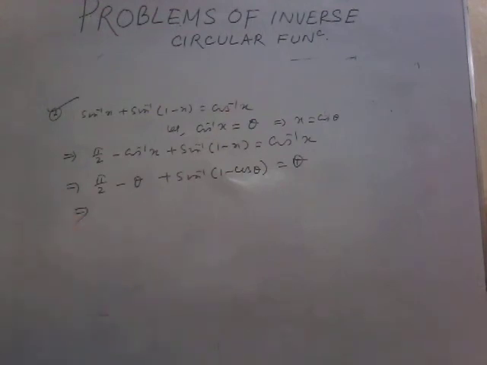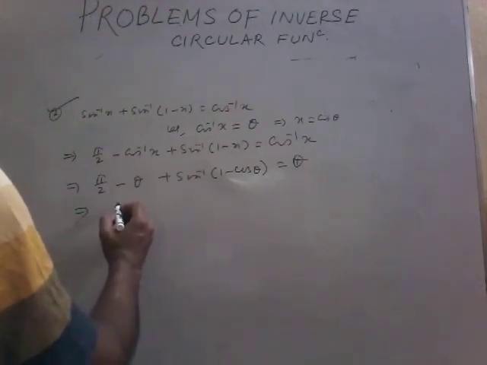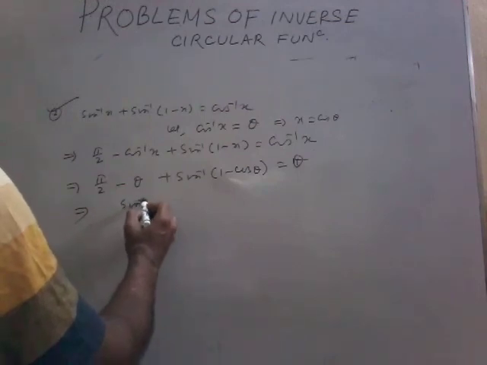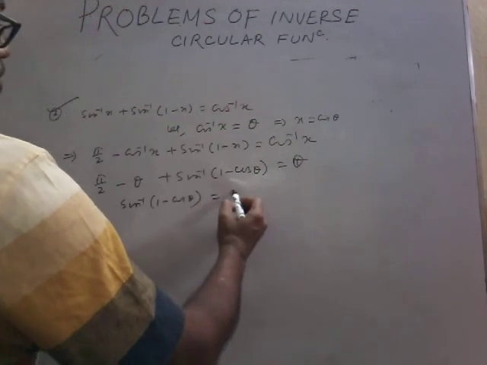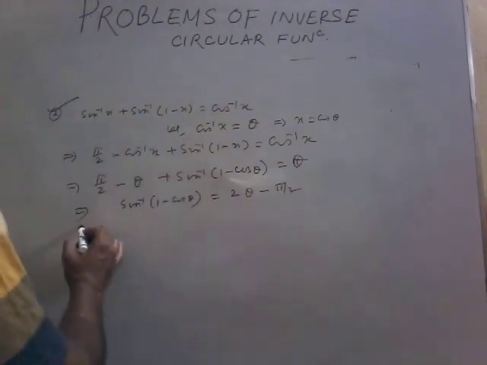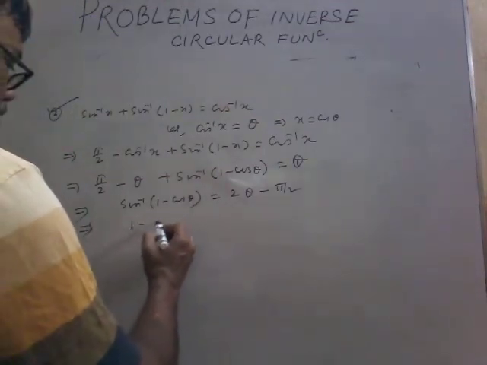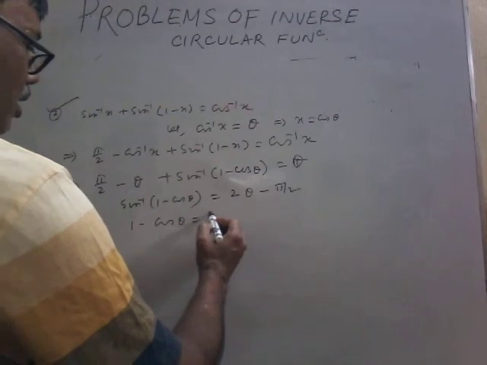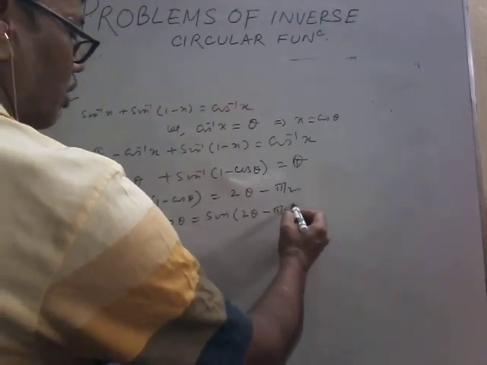So what are you getting? Sin inverse of 1 minus cos theta equals 2 theta minus pi by 2. So 1 minus cos theta equals sine of 2 theta minus pi by 2.